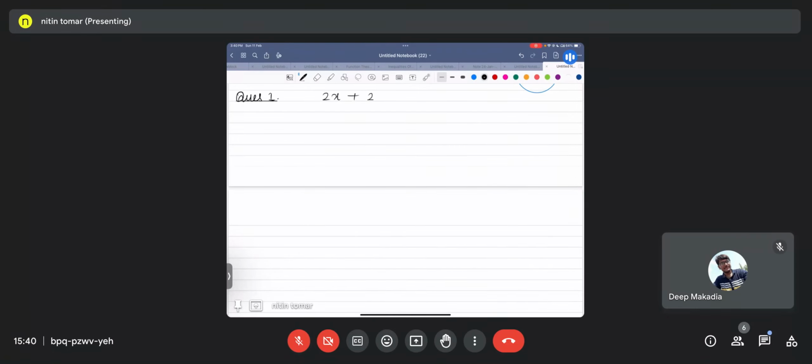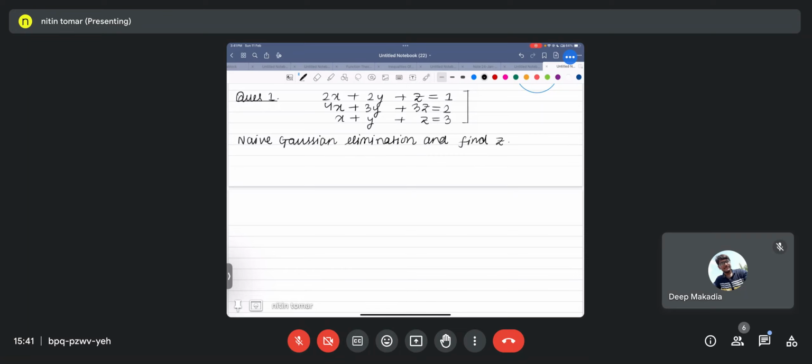Please solve this system using the Gaussian elimination method. So use naive Gaussian elimination and find Z. And take your time.